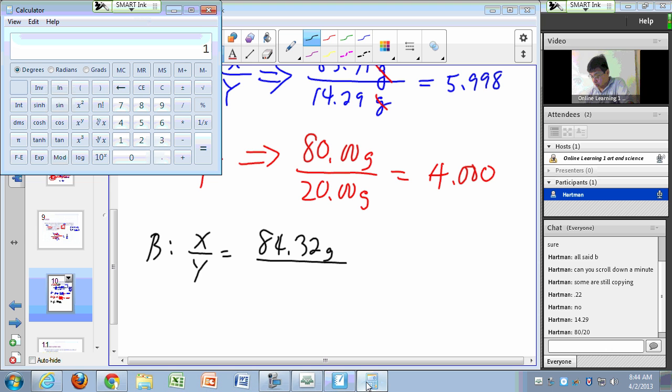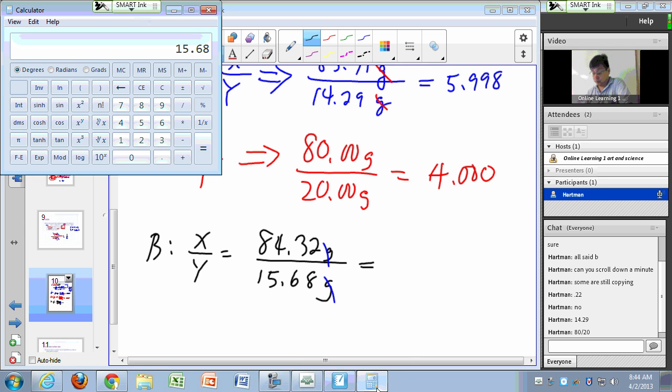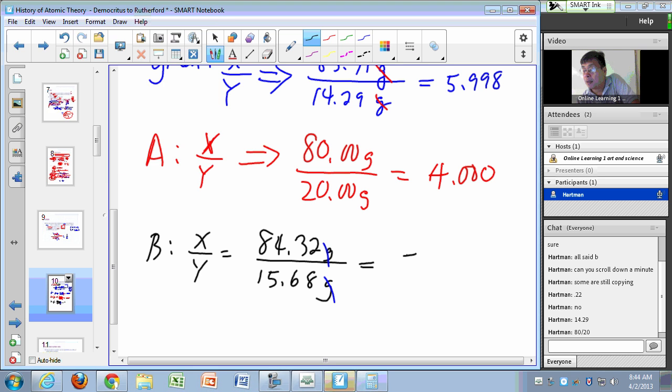Okay, so 100 minus 84.32, that's 15.68. Grams cancel out. What would that be? 84.32 divided by 15.68. That's 5.378.